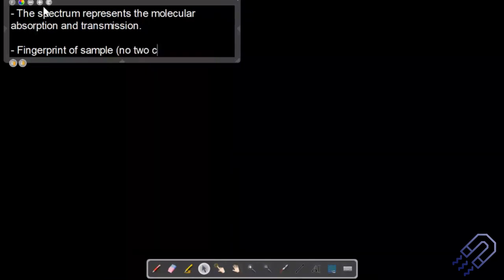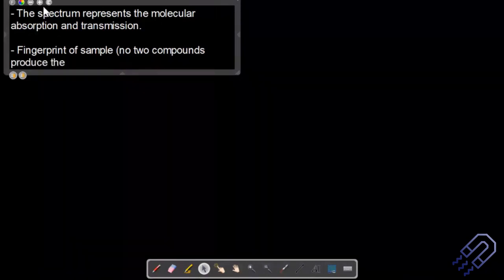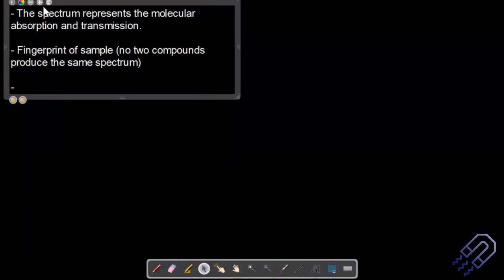No two different compounds will produce the same spectrum. If it is a different material, you are definitely not going to get the same spectrum, and that is the fingerprint of that particular material. That's why it is very important.